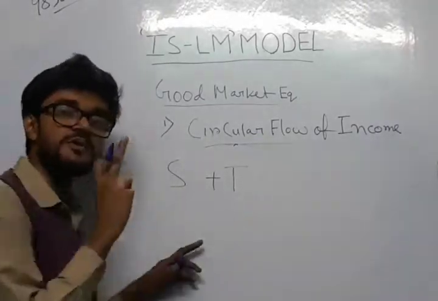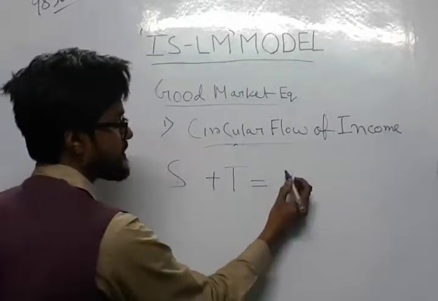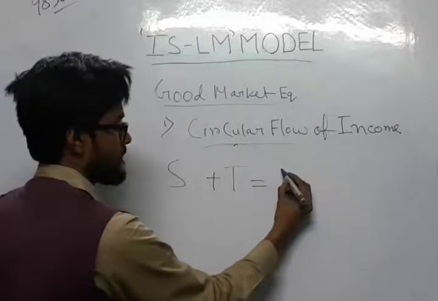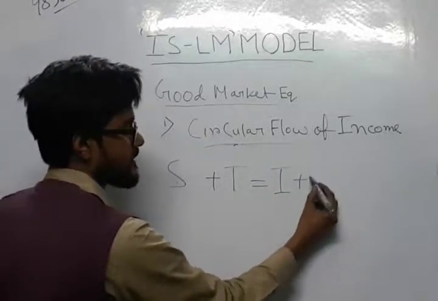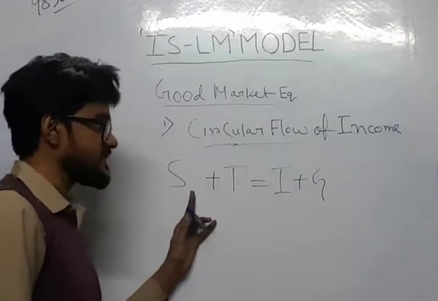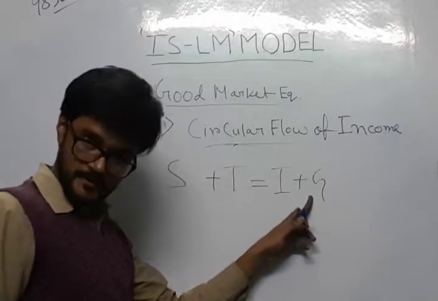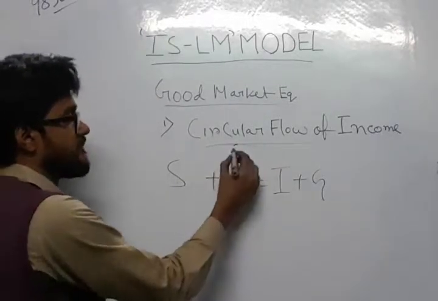So these two terms we call what? Leakage. Leakage must be equal to investment and government expenditure. So when leakage is equal to injection, we call it the goods market equilibrium.